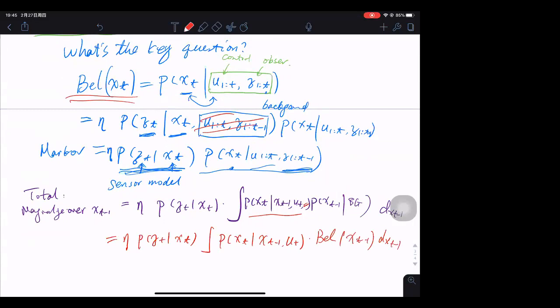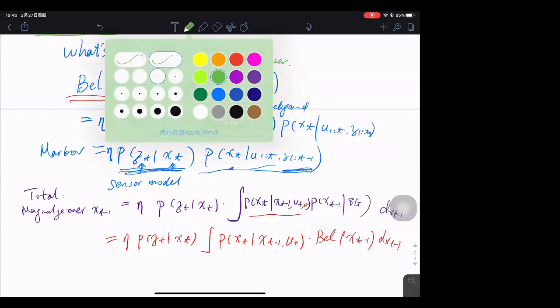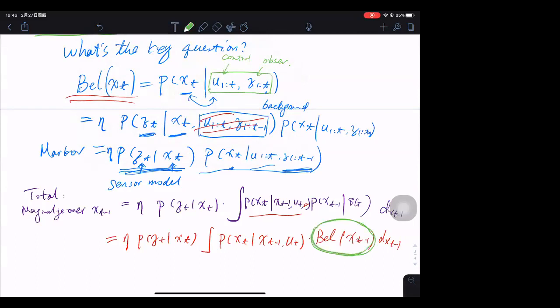That's all. This equation has finally become iterative again, because we can use the information at t minus 1, this belief, to compute the new belief.